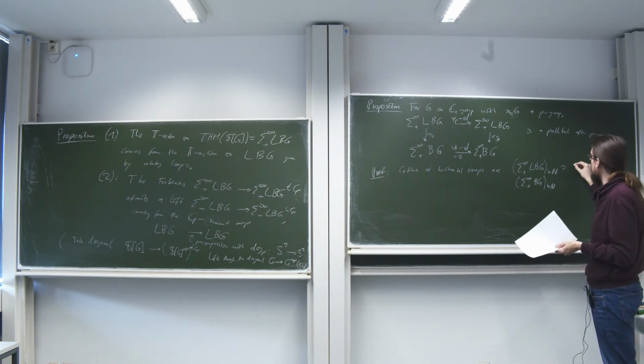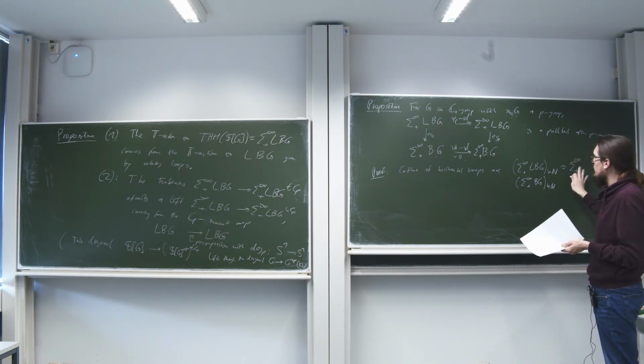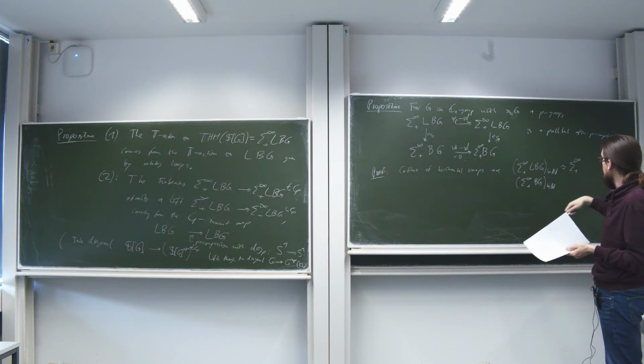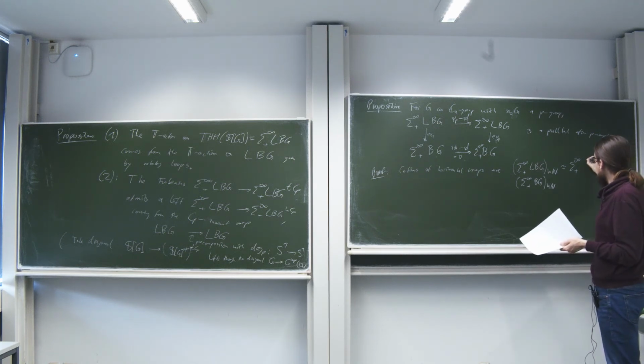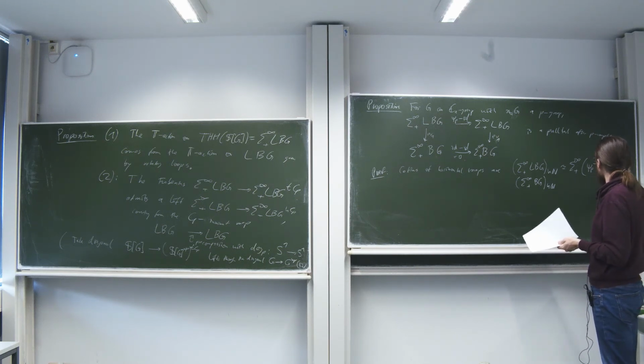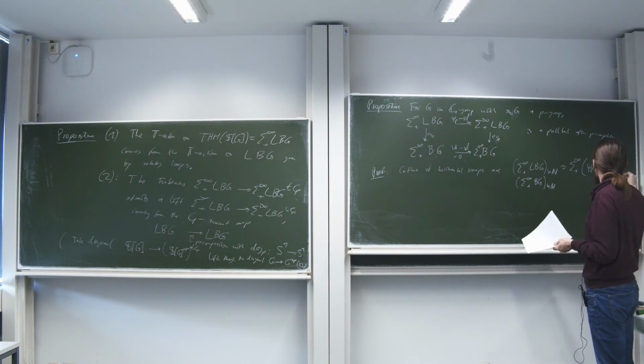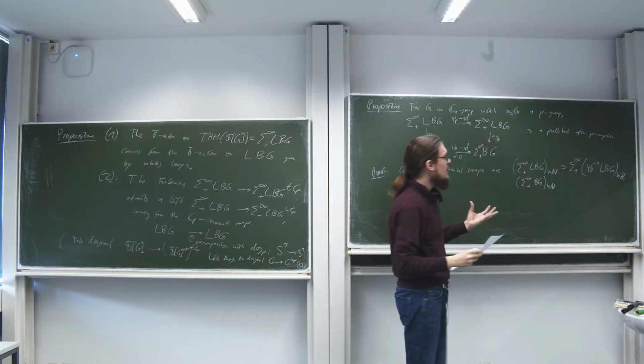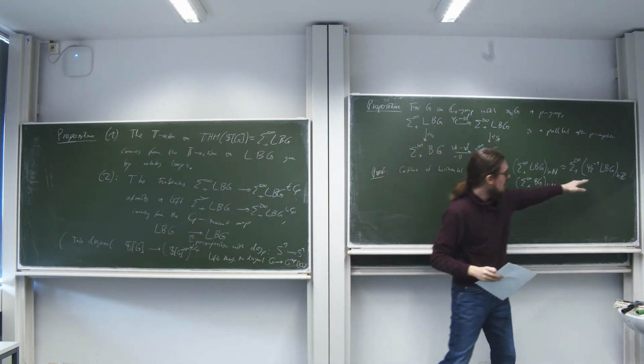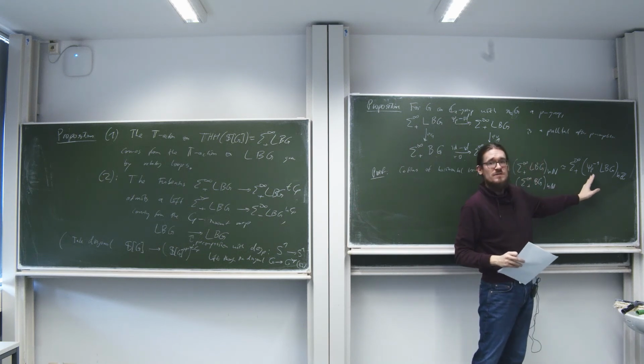So you can also write this as sigma infinity plus, let me pull out the sigma infinity because all these are colimits, psi p inverted LBG, and then homotopy orbits under the Z action given by the now invertible morphism.